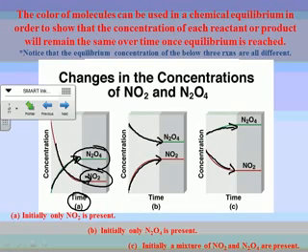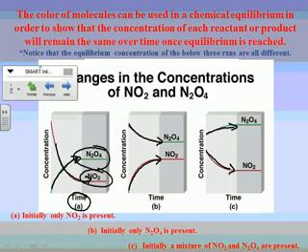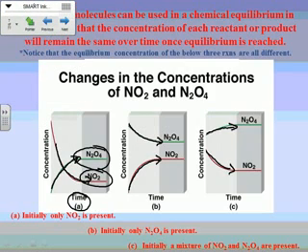So again, all this is showing you is you can start a reaction in a bunch of different situations, and here we're varying the concentration, but these reactions are always going to work their way back to equilibrium. That's the point of this: these things will move until they get to a constant concentration over time.